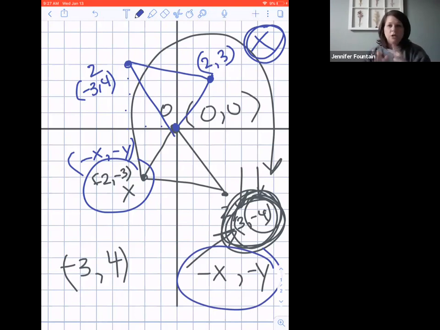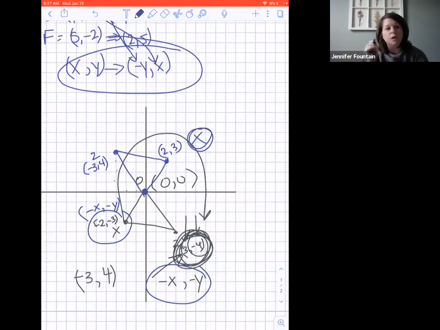Is it a negative X? Am I taking the opposite of X and the opposite of Y? Do I only take the opposite of X and Y stays the same, or do X and Y flip-flop? Based on whatever those rotations are, I can look at those patterns. And once I see the pattern for one, I'm just using the same pattern for every single ordered pair. Okay, does that help, or did I make it more confusing?